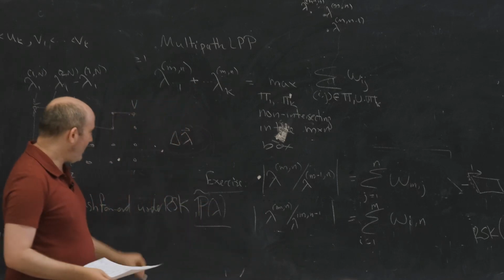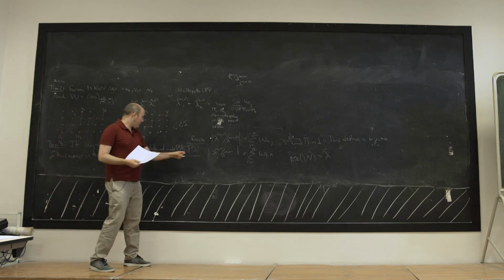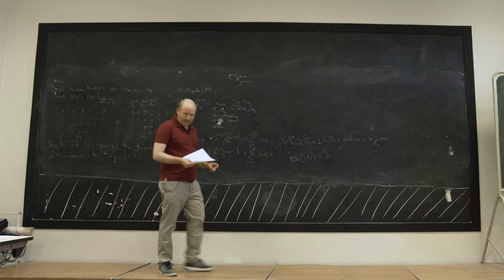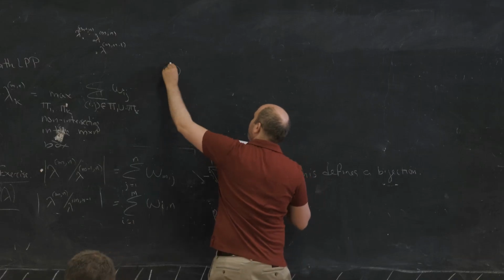Right now we don't know that it is the same as the Schur process. Let's just call whatever the push forward is under RSK of this geometric weight matrix p tilde, and let's compute p tilde of lambda.